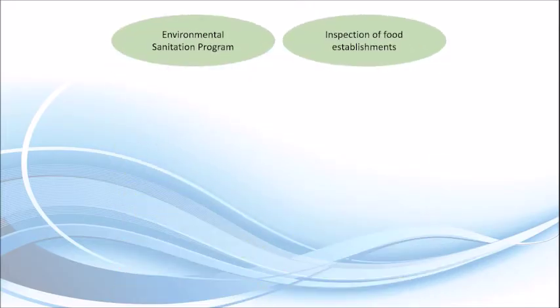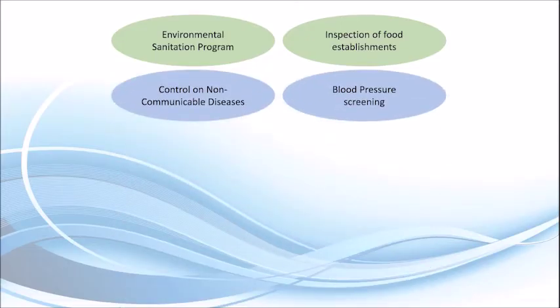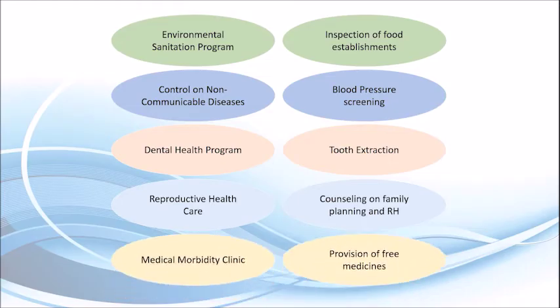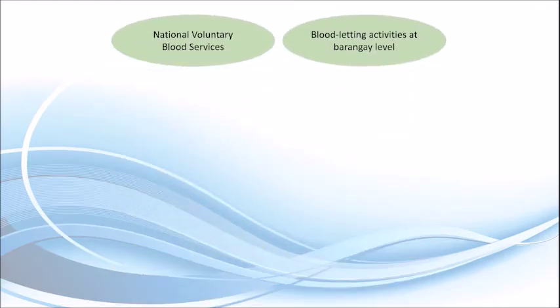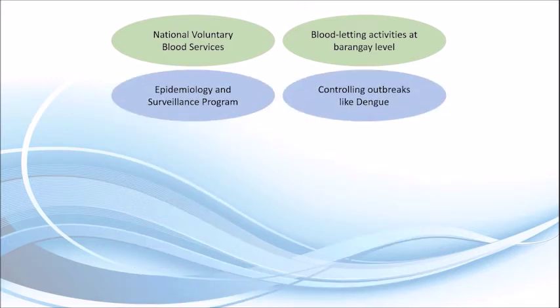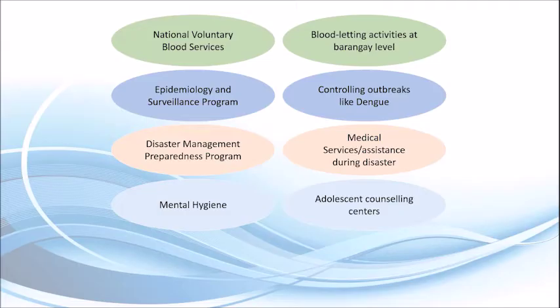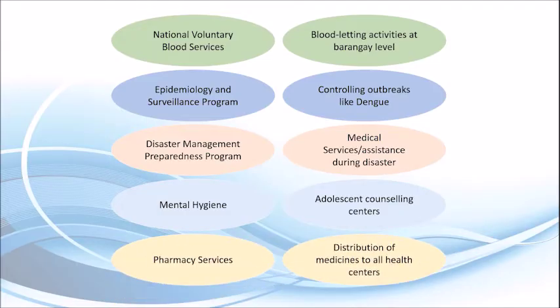It also includes environmental sanitation program, control on non-communicable diseases, dental health program, reproductive health care, medical morbidity clinic, National Voluntary Blood Services, epidemiology and surveillance program, disaster management preparedness program, mental hygiene, pharmacy services.